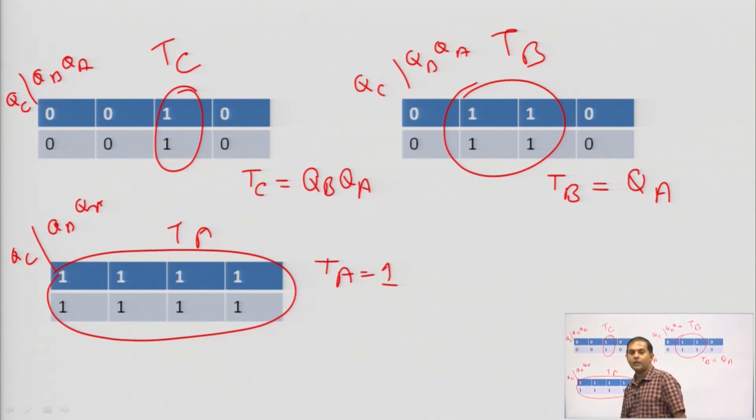This is nothing but the grouping of K map. I am not going to detail this. If you have any doubt on K map, you can refer to the previous video lectures on K map, it is discussed there. So, these 3 equations give TC, TB and TA.